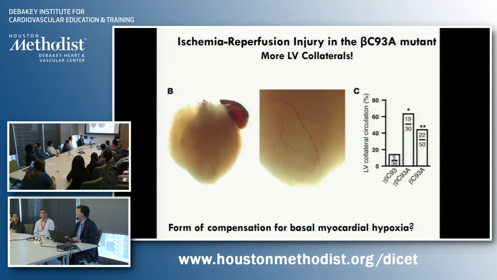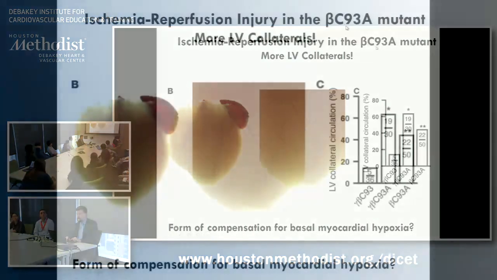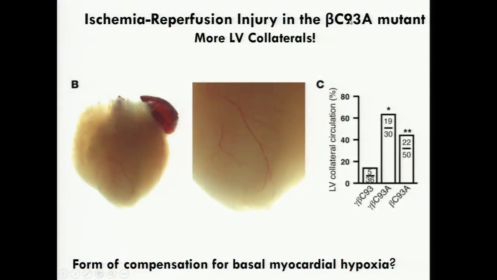Now, the first thing that they observed in this mouse model was that by comparison to the control animals, and somewhat surprisingly, these animals with the mutation, where the cysteine was mutated to alanine, had more collaterals. So the collateral channels, this is the LAD, and it's ligated here.